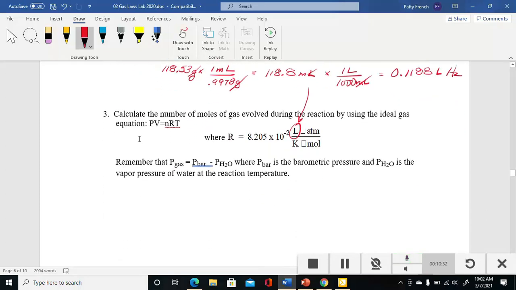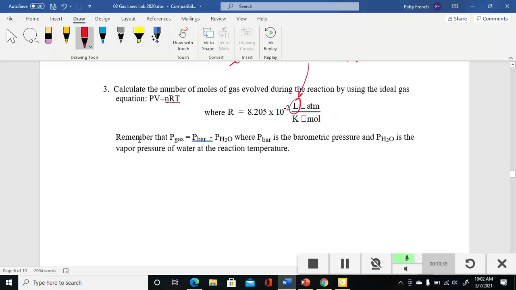Moving along, we're going to be looking for the number of moles of gas. And so we're going to rearrange the ideal gas equation to give us n equals PV over RT. And I typed in R incorrectly. There we go. That's better.